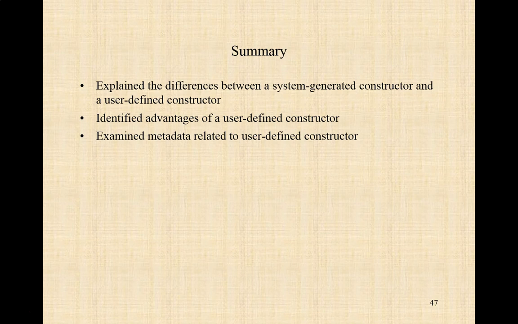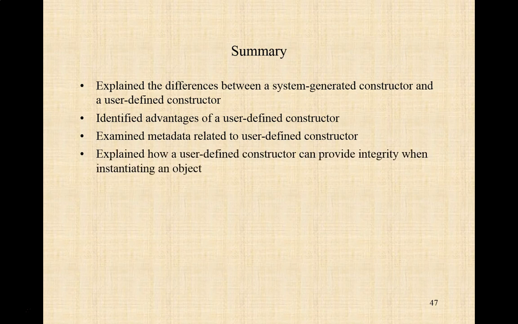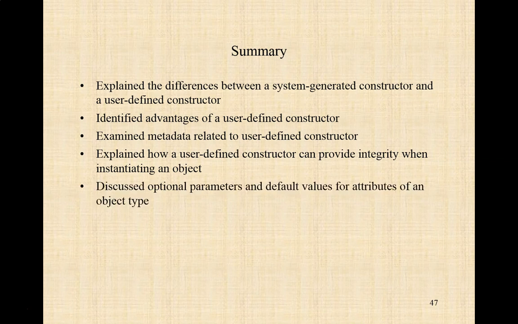We examined the same views we had looked at previously, but within the context of a user-defined constructor. We explained how a user-defined constructor could provide integrity when we instantiate an object. And finally, we discussed optional parameters and default values for attributes of an object type.